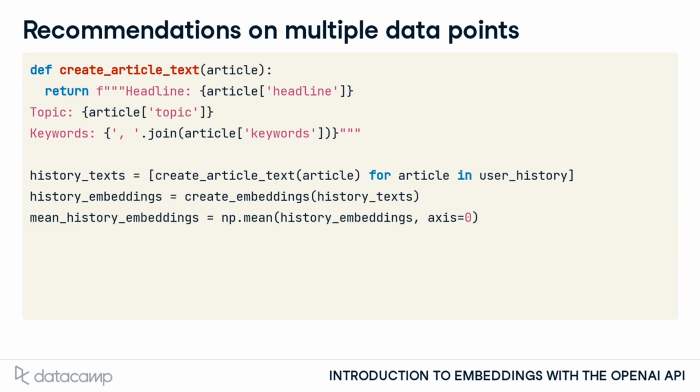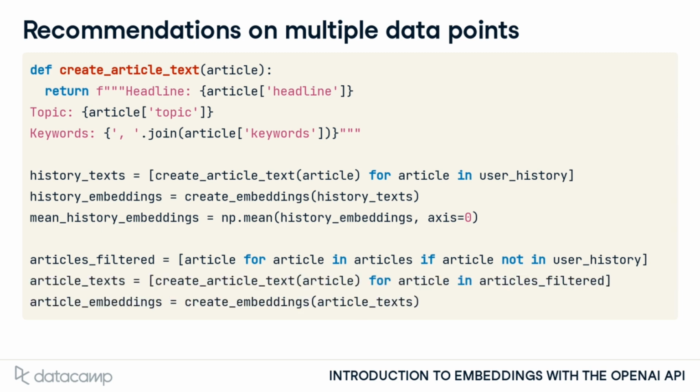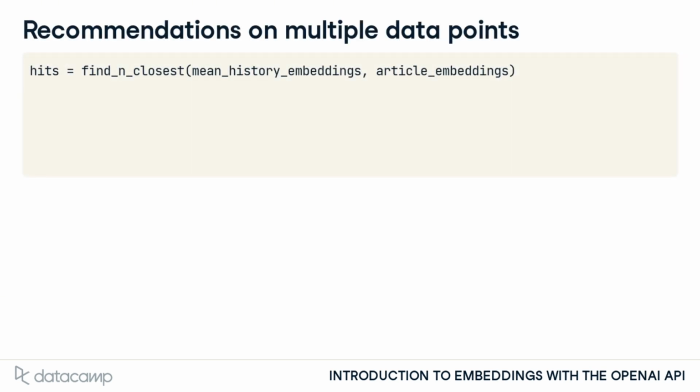with the other articles. For the articles to recommend, we filter the list so it only contains articles not in the user history. Then, as before, we combine the features and embed the text. Finally, we compute the cosine distances using the same find_n_closest function, only this time passing it the mean of the embedded user history.